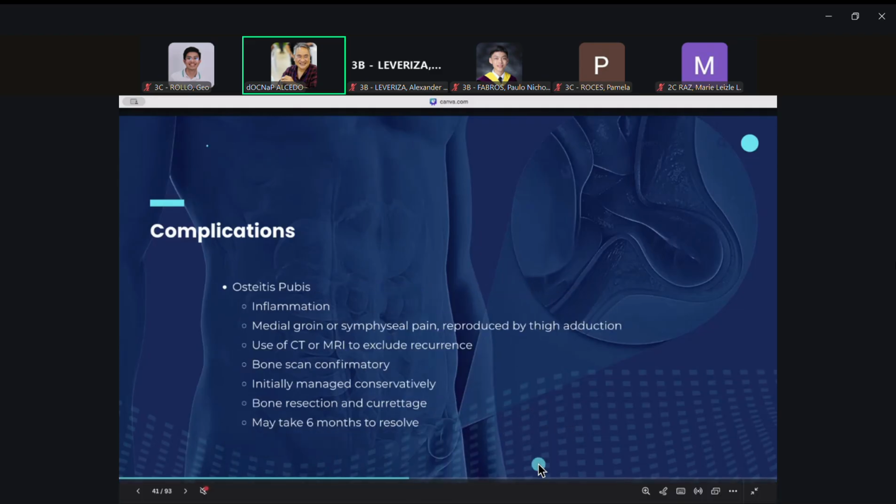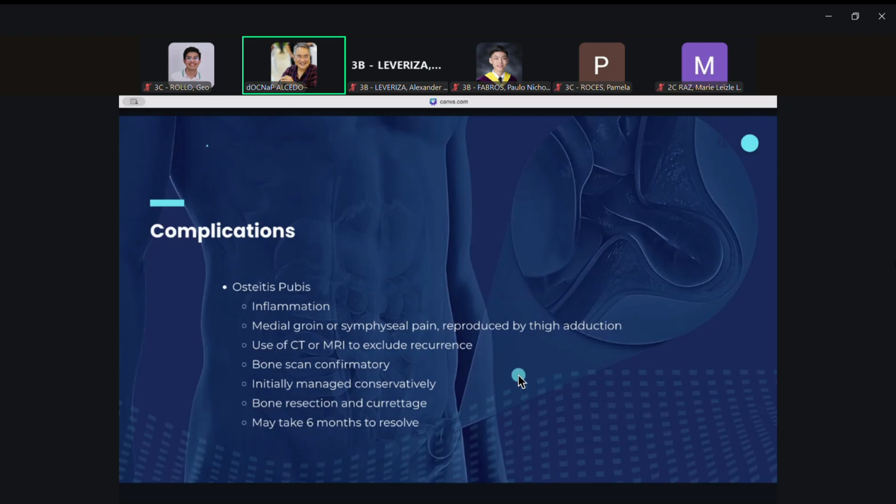Okay. Now another complication is when your suture would injure the pubic symphysis, and it will cause inflammation of the pubic bone. So we call that osteitis pubis. So patients will present with medial groin or symphysial pain, and this can be reproduced by abduction of the thigh.